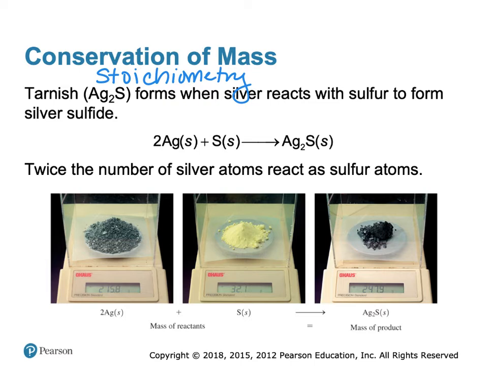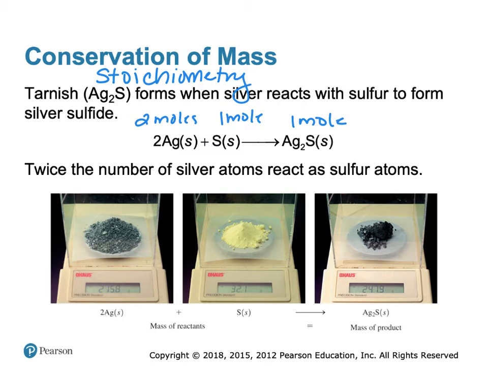Because moles are proportional to molecules, the coefficients in an equation also represent numbers of moles. So let's look at this balanced chemical equation. What it's saying is that we have 2 moles of silver reacting with 1 mole of sulfur to form 1 mole of silver sulfide.